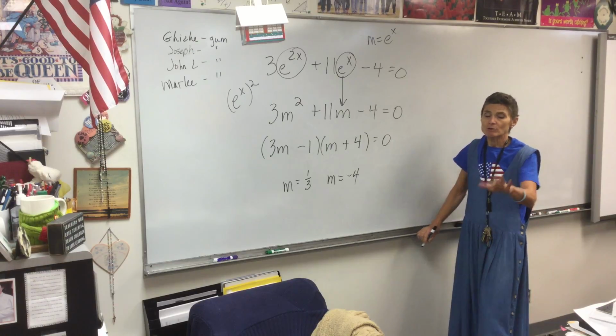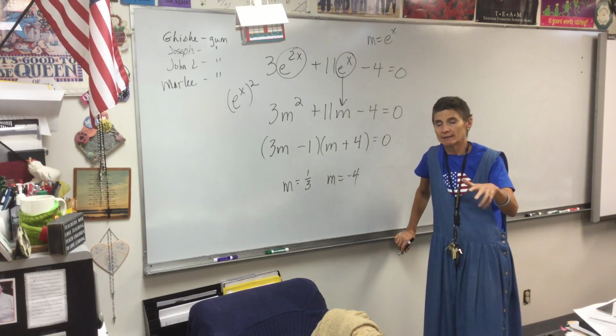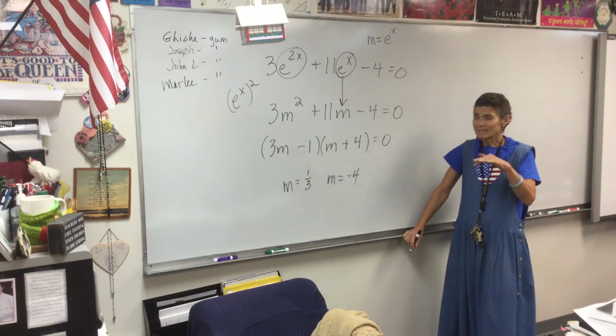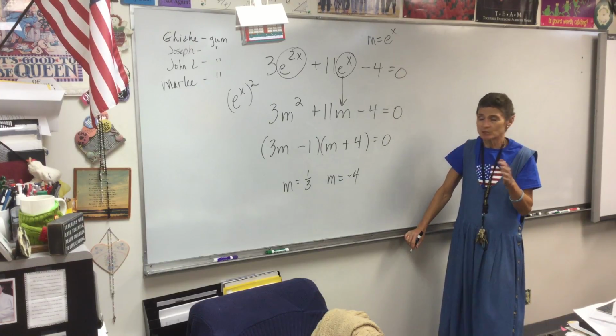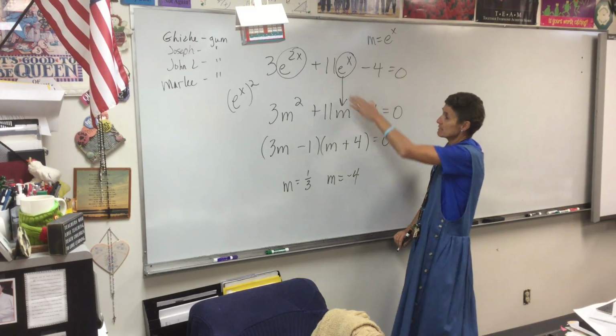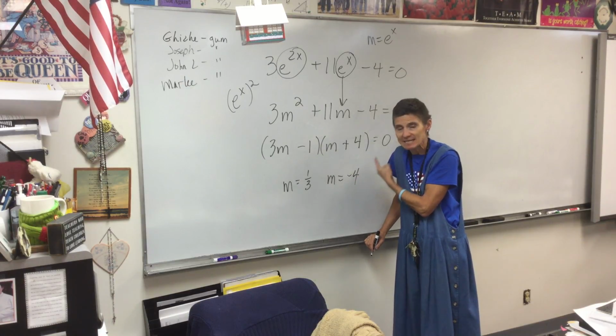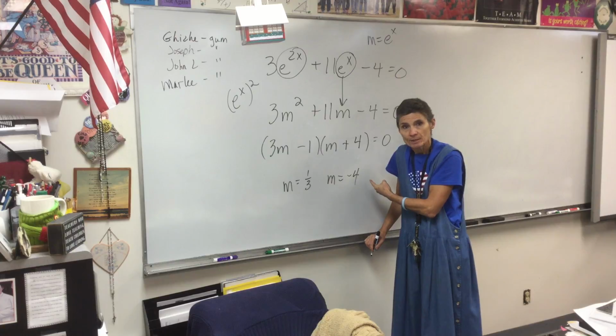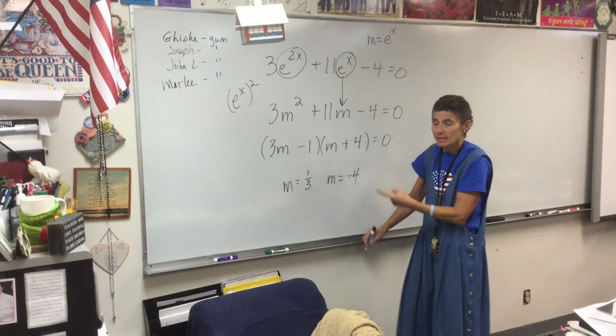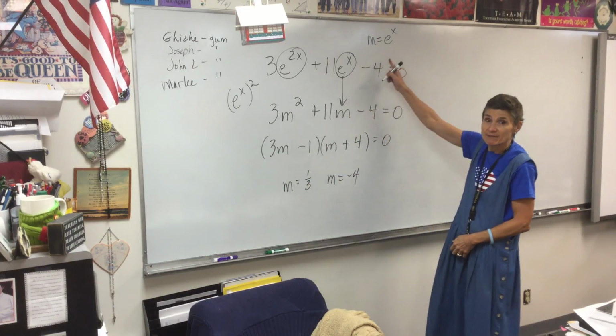Now, what does that mean? I know the directions say don't solve, but we're going to go ahead and solve. What does that mean in terms of the answer? Well, we went ahead and did that substitution, worked out the problem, first year algebra. Easy, easy, easy. But remember, m was e to the x.